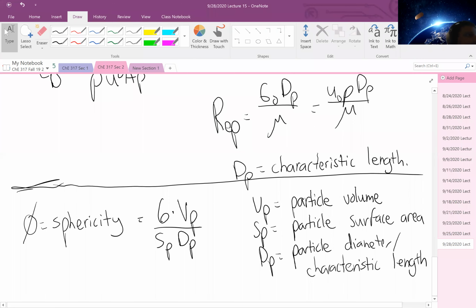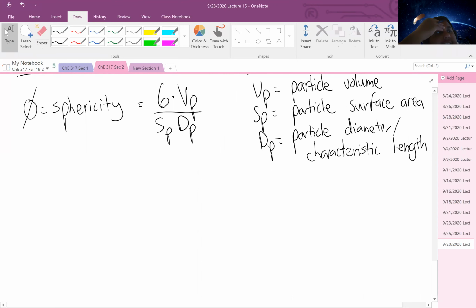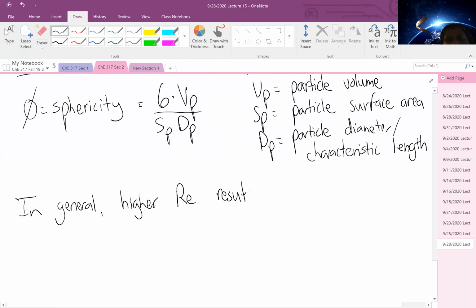I'll give you guys a second. And so what we find when we're looking at our system is, in general, a higher Reynolds number results in a lower drag coefficient.